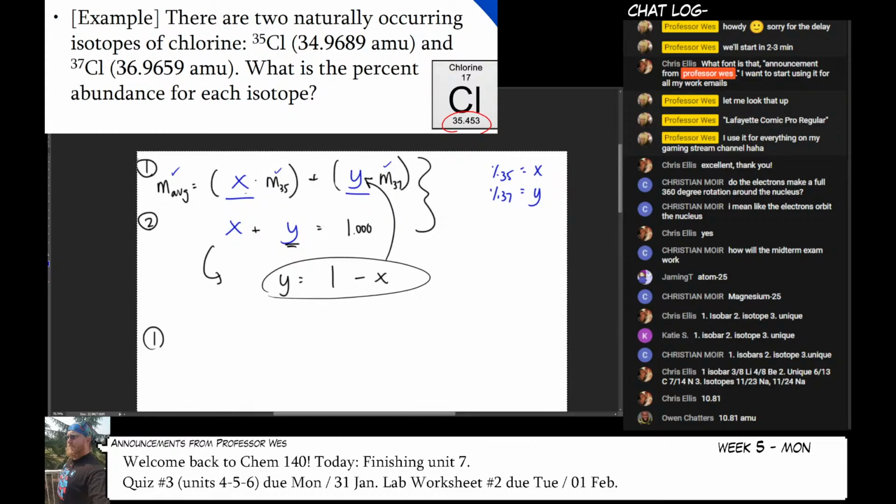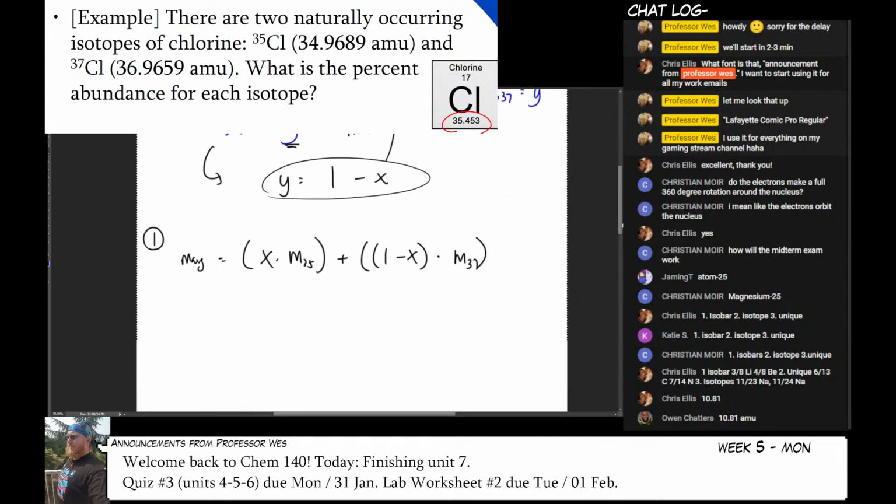So now equation 1 will look like this. Average mass is x times the mass of 35 plus 1 minus x times the mass of 37. And now I have one equation that I can just solve for x, right?